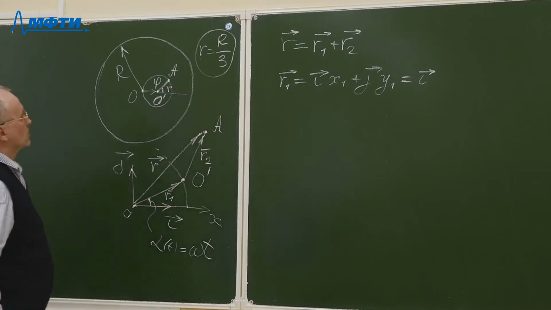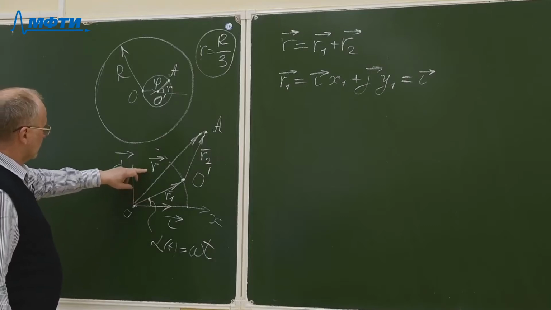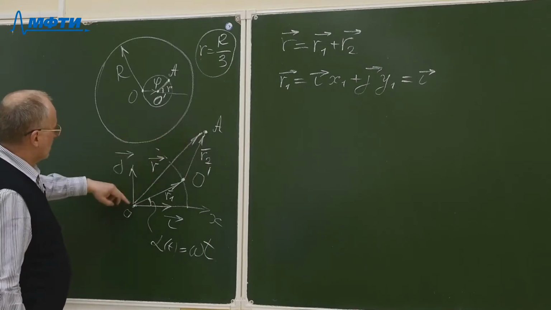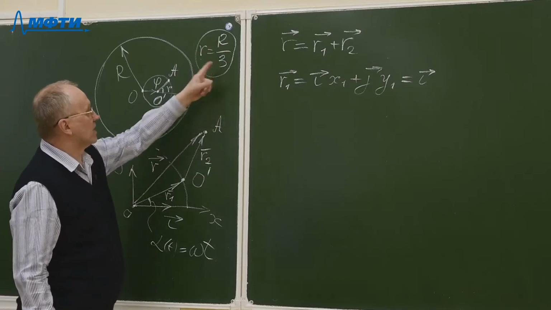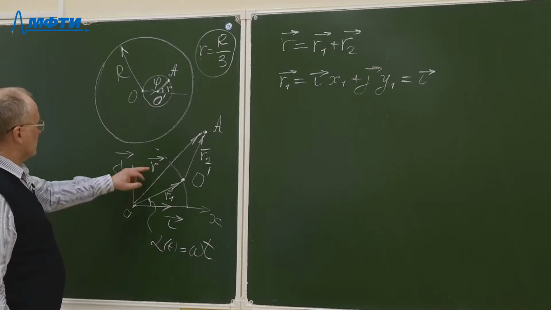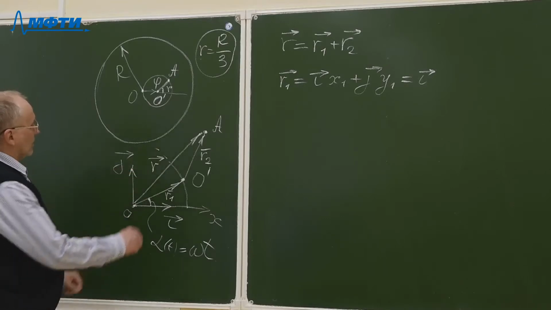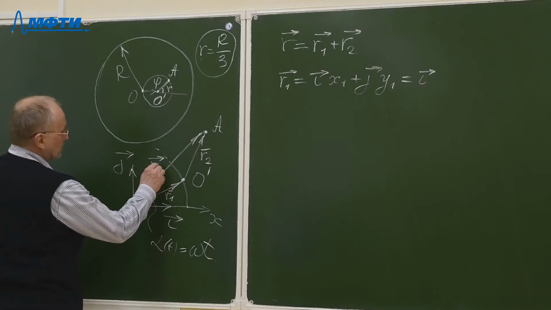Well, that is not very good, because small r also is the vector OA. And OA definitely does not coincide with capital R divided by 3. So let us denote this vector differently. It was not a good idea to denote it by small r.